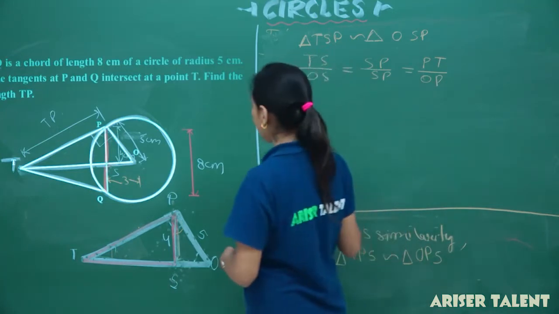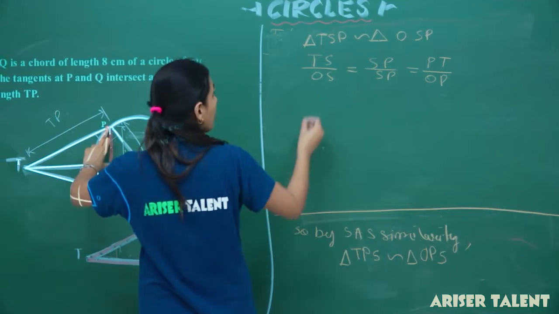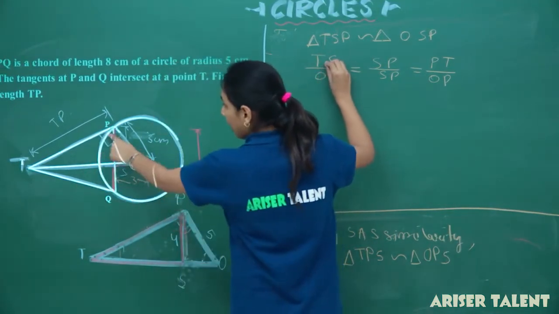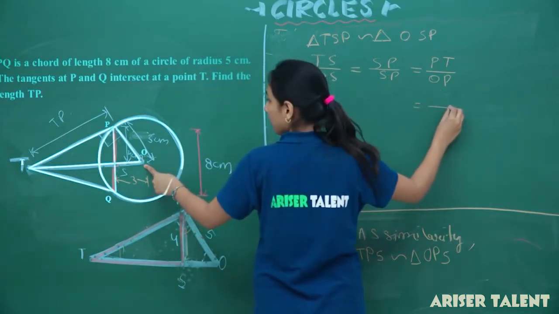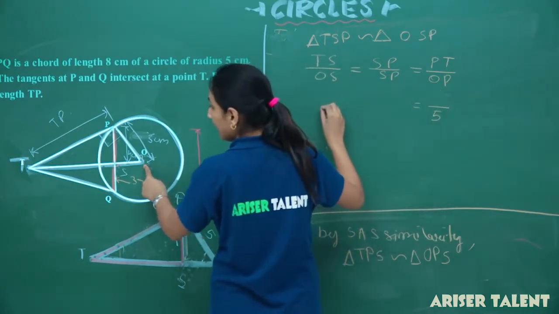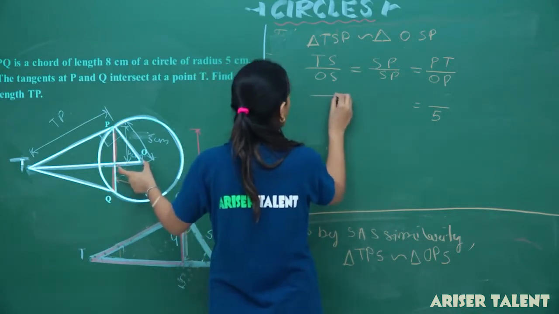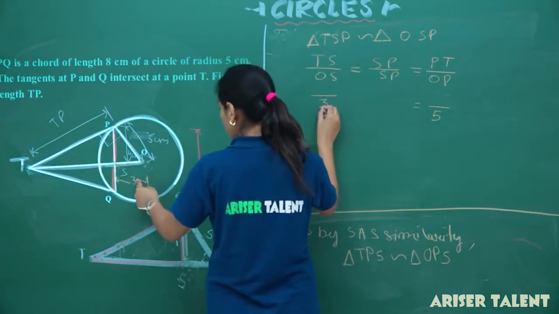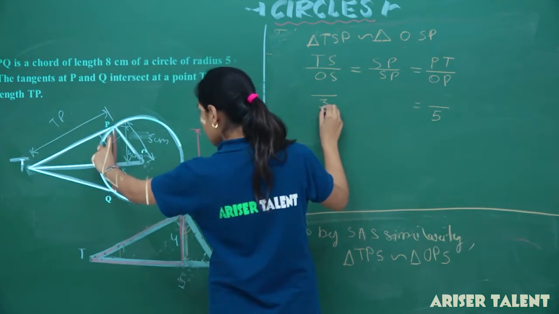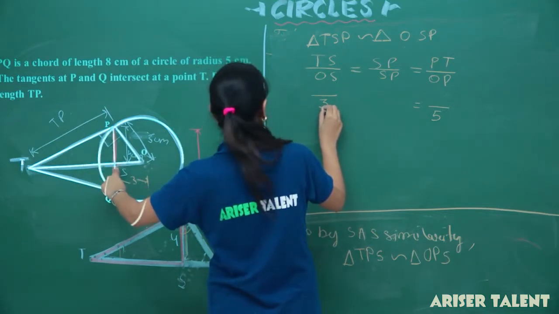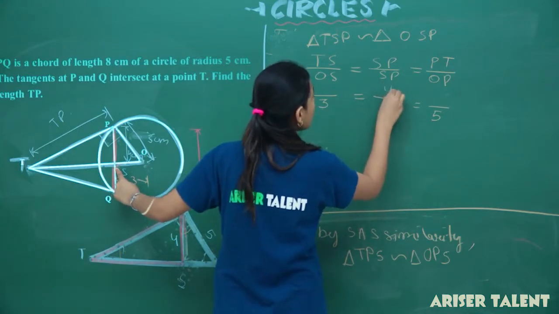Now this TS is with PO, so PO is here, I will write 5, and then I have 3 which is OS. Now this is 4, and PS is 4 here.